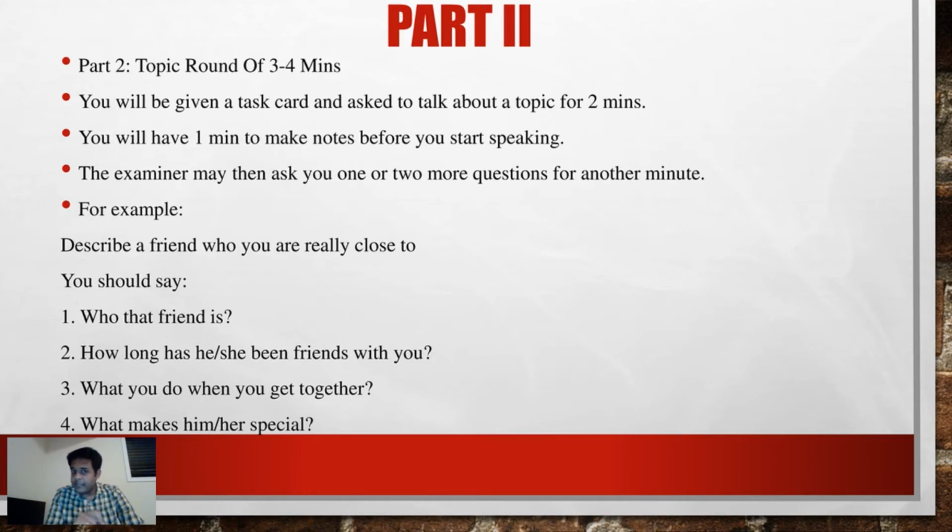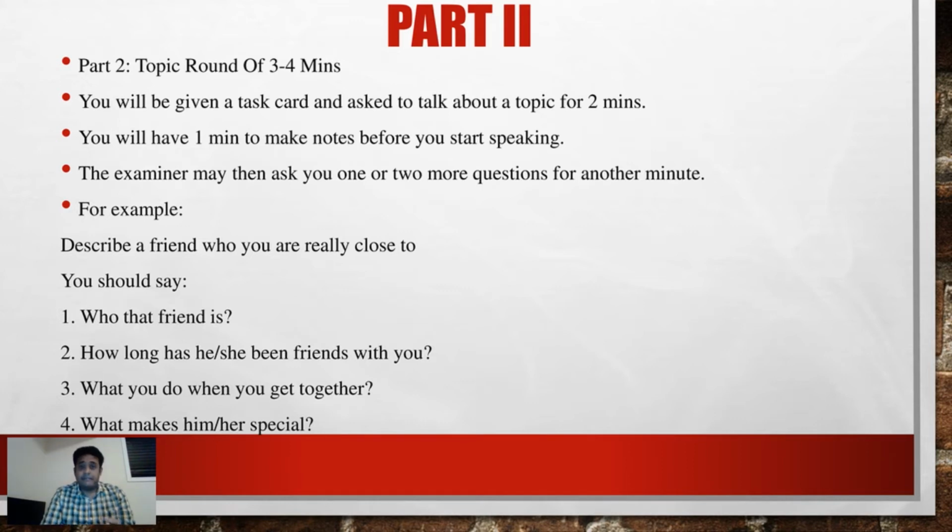But before that, you get 1 minute to take down notes. Now, this 1 minute is crucial. I'll be explaining it as we move further down. And after you've spoken, the examiner might wrap up this round with a couple more questions, which is going to last another minute. These are called rounding up questions.